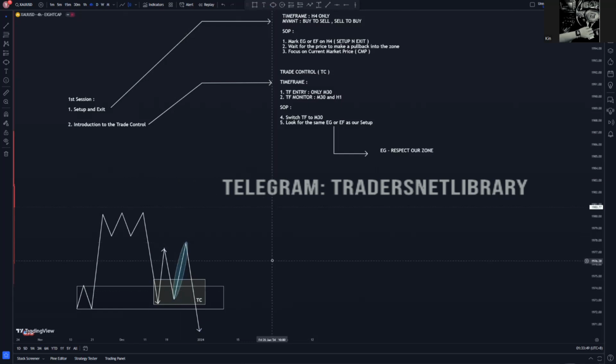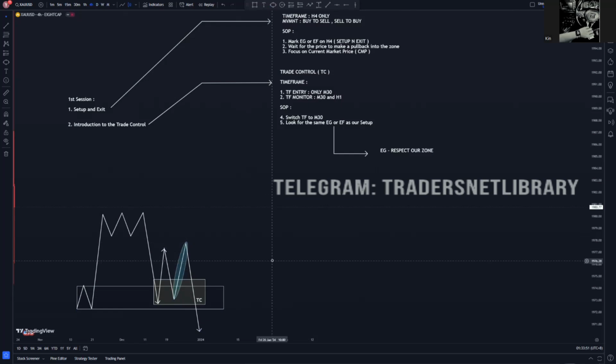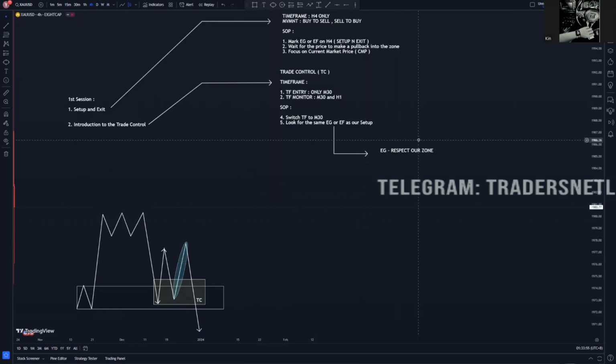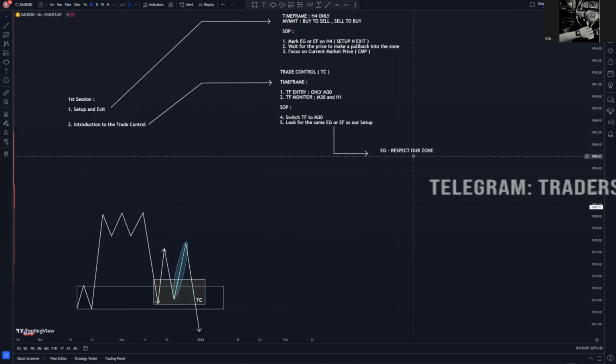All right. For now, another question. Before we jump to the next one, how is the TC different from the first time entry roadblock, or does that come later?